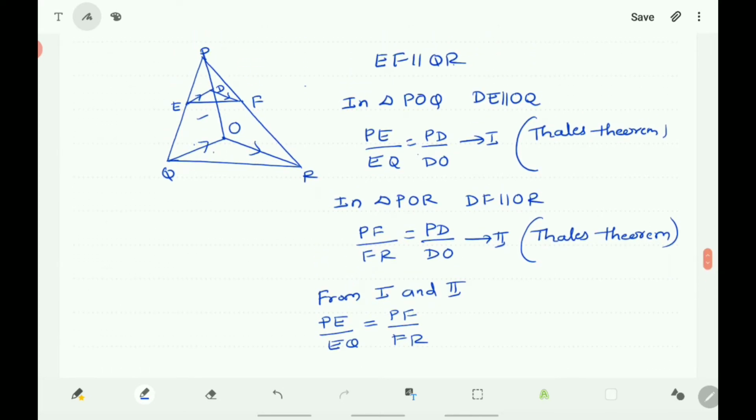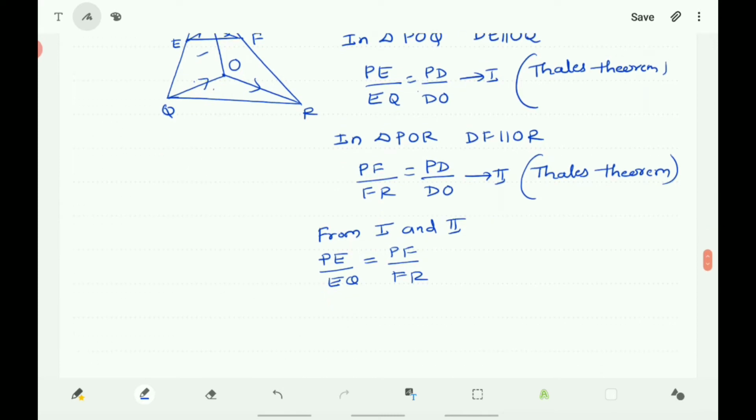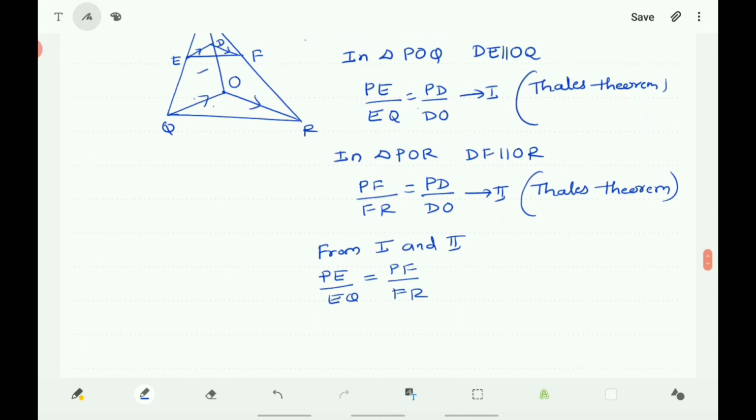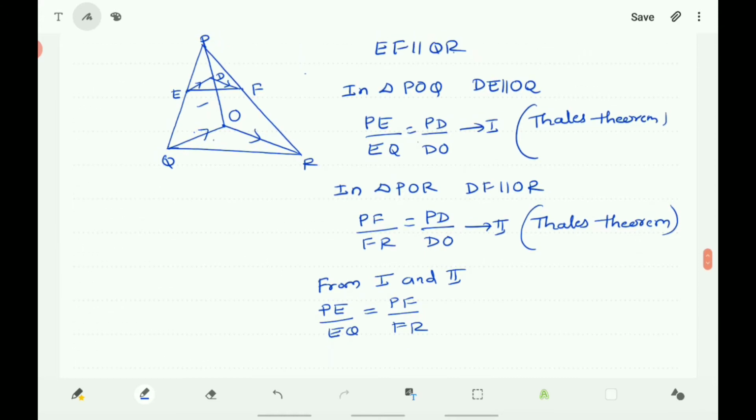So you got that in triangle PQR, PE by EQ is equal to PF by FR. The line EF divides PQ and PR in the same ratio.